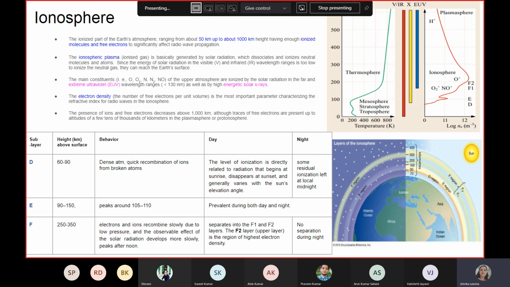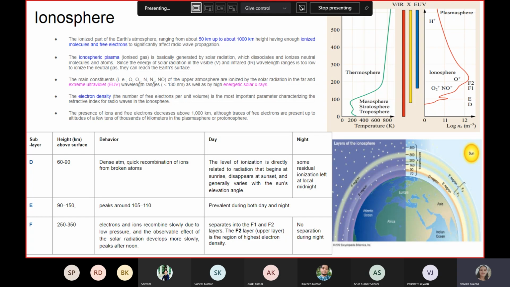This is dense atmosphere, since the portion closer to the surface of the earth will obviously be denser. So whatever ionization happens here, quick recombination of ions also takes place. So the ionization level is low, and the electron density level is low.